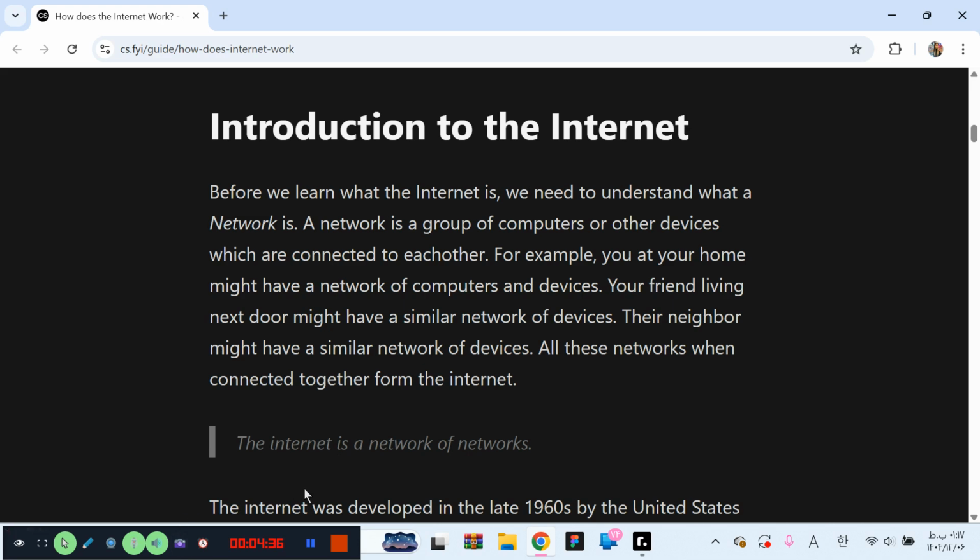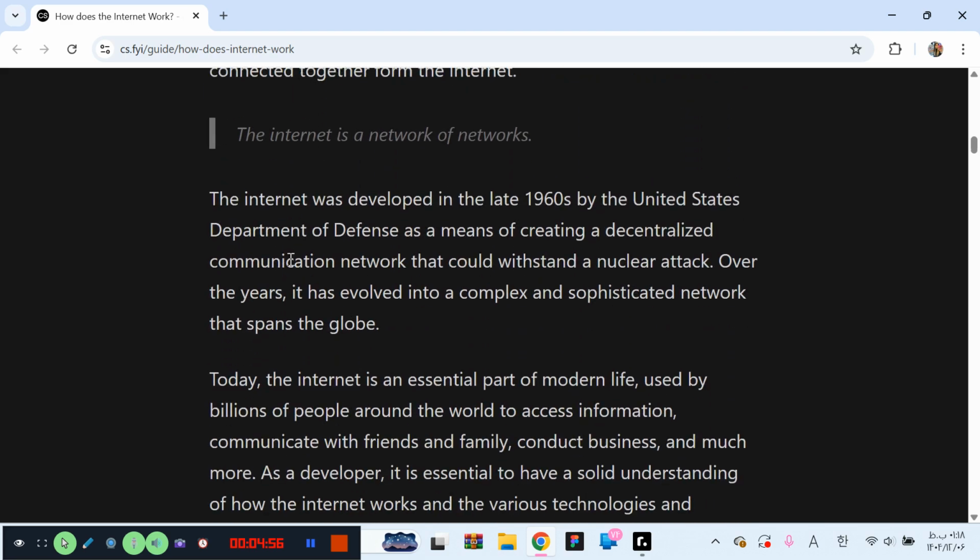Now, the internet is a network of networks. See, it's just explaining that we have a series of computers connected, and then we connect these series, and then we create the network.